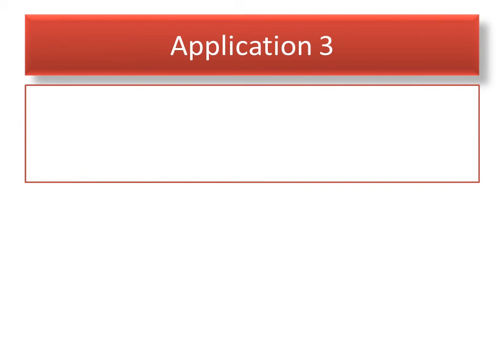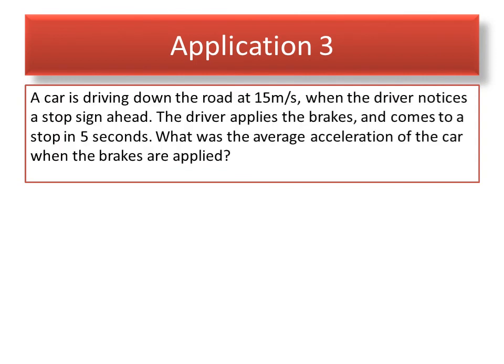Now we will start with application 3. Also, please copy the question and solve. You put the given and the formula, please. If you want to work properly, this is what should be done. You have a car that was moving down the road at 15 meters per second, and then the driver notices a stop sign ahead of him. So he applied the brakes and comes to a stop in 5 seconds.